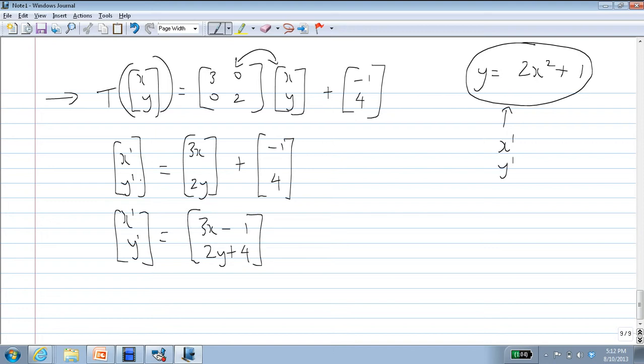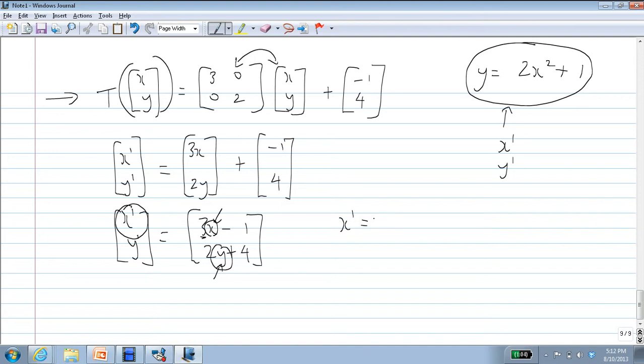So all of the new x values will be 3 times the old x value minus 1, and all the new y values will be 2 times the old y values plus 4. What we need to do with this information now is to get old x and old y by themselves.